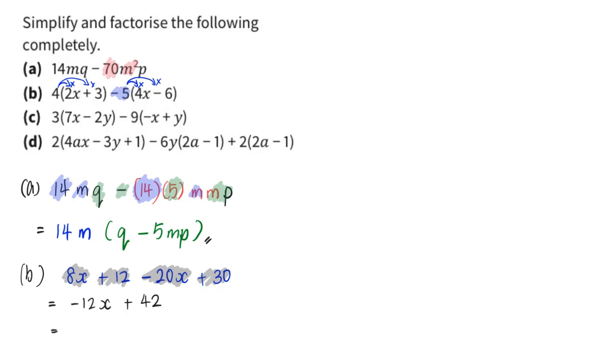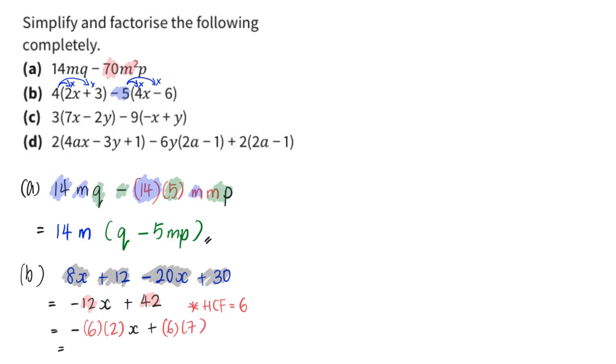so that at this stage you can see that the highest common factor is 6. And for this particular question, I can continue to rewrite the negative 12 and the 42. I'm going to rewrite them as one is 6 times 2, 42, I rewrite it as 6 times 7.